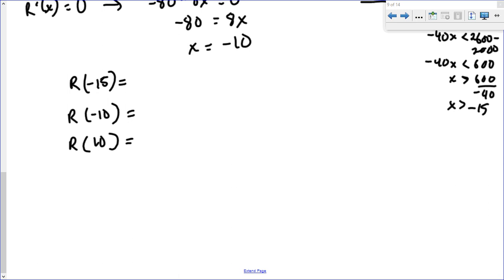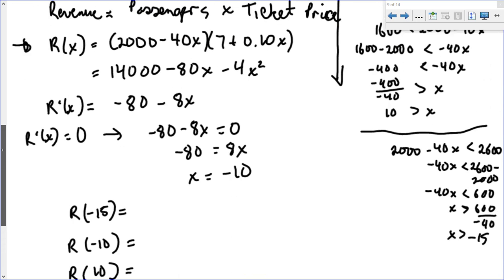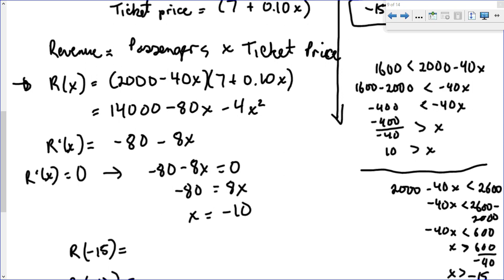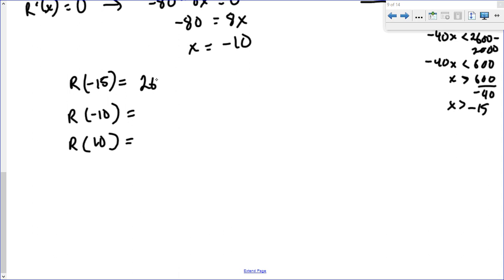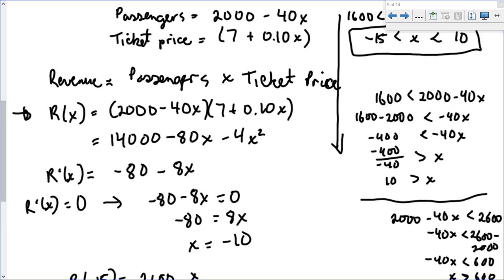So at negative 15, how many passengers do I have? I've got negative 15 in here. I've got 2,600 passengers. And at negative 15, I've got $1.50 off of my ticket price of $7. All I'm putting in is negative 15 in here and here.